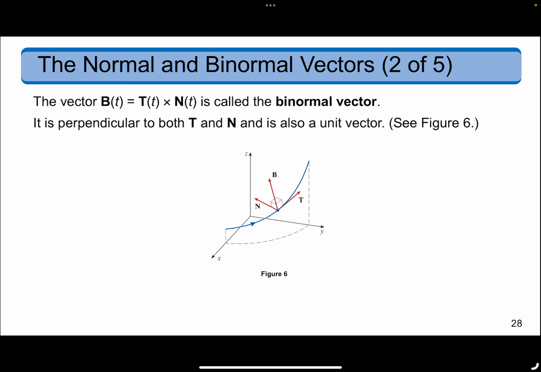The binormal vector B of t is the cross product between T of t and N of t. It is perpendicular to both T and N because it is a cross product. If you have a cross product, it is perpendicular to the given vectors.